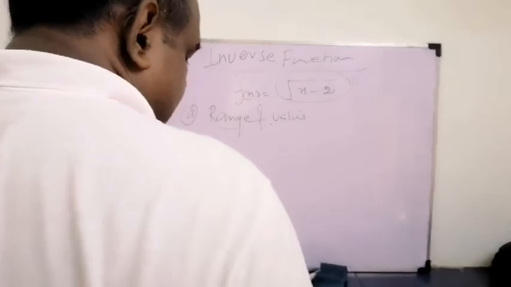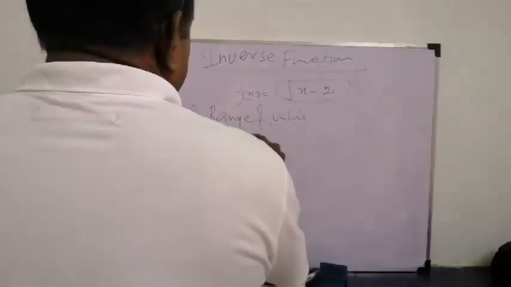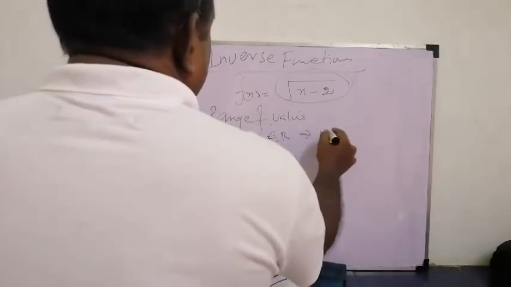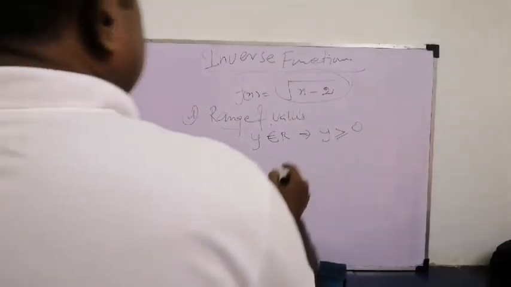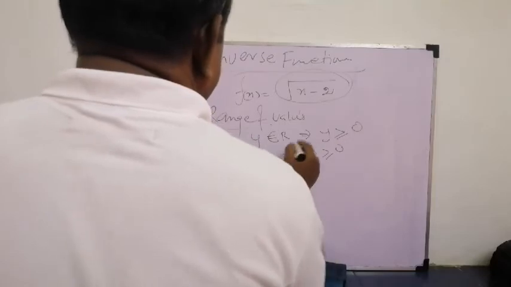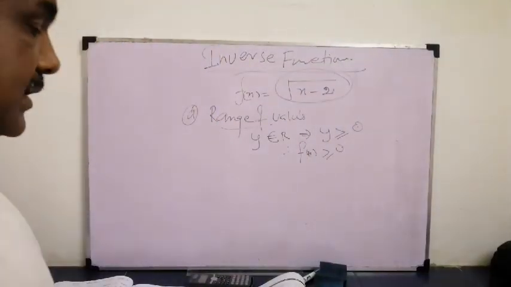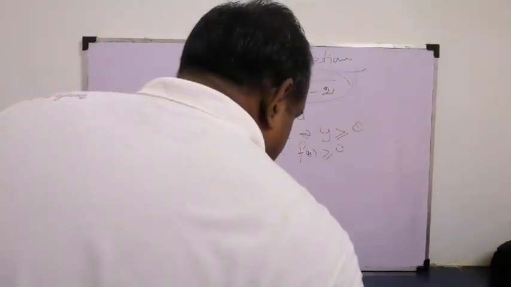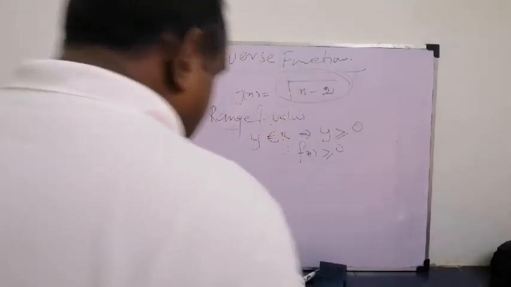The range of f of x is y, where y is real, so y should be greater than or equal to 0, or else you can say f of x is greater than or equal to 0. All these values are going to be the range. Negative values cannot be there because it is inside the square root. Next one, sketch f of x, and f inverse and the line. So they are given.